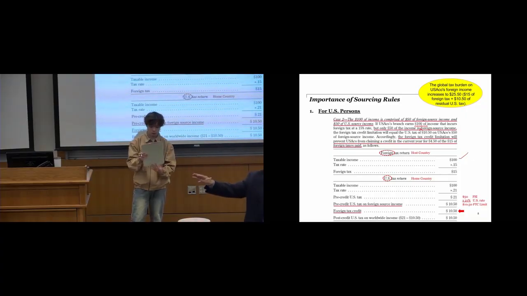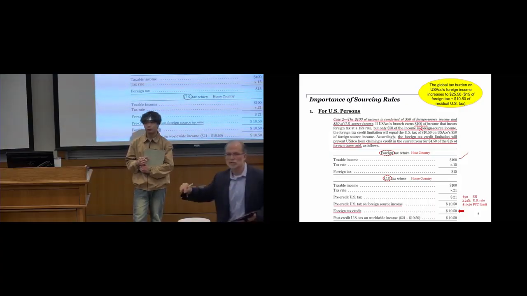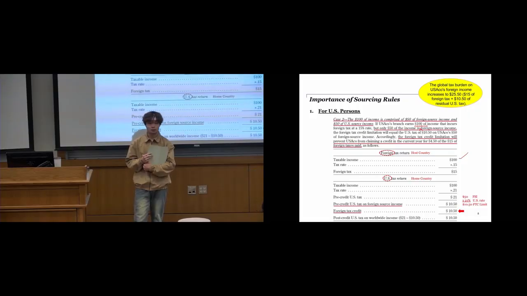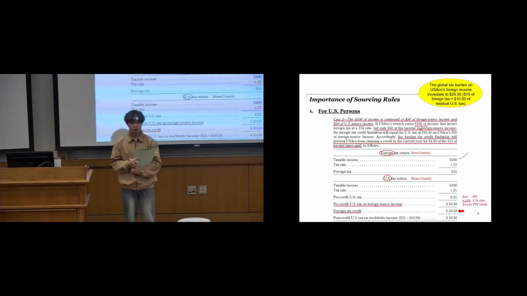I don't just take their word for it as to what I consider foreign source income. What we are going to go through today is all the sourcing rules for the income that's going to be at issue. The U.S. makes its own determination as to what is U.S. and non-U.S. We don't cede the right to the foreign country to tell us what is foreign income and what is not. And it's not geography.